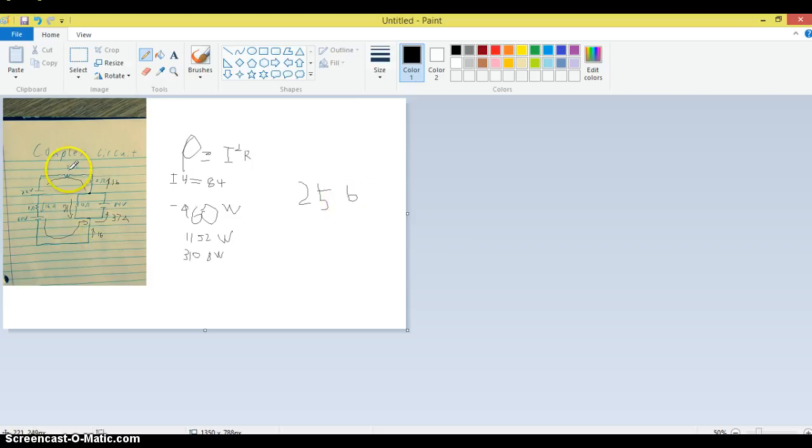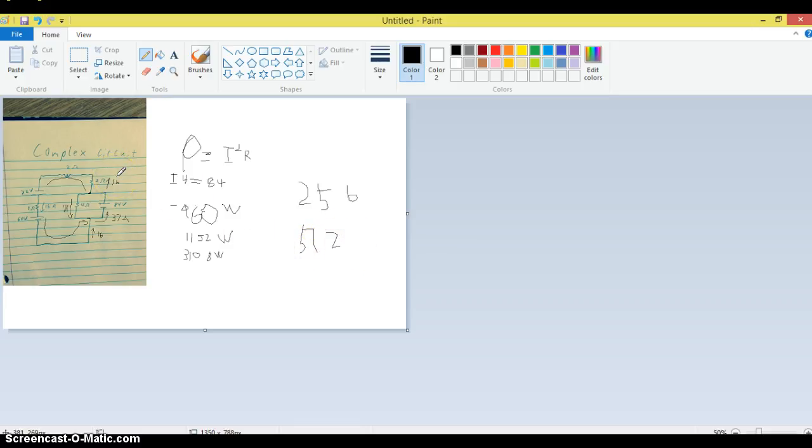Then the second resistor. It's going to be 16 squared again, because it's still 16 amps through here, times 2 this time since it's a 2 ohm resistor, which is 512.